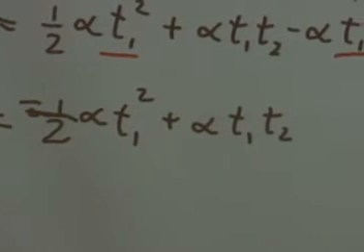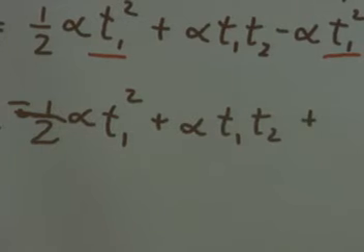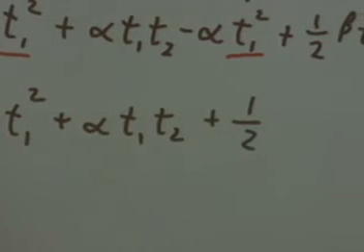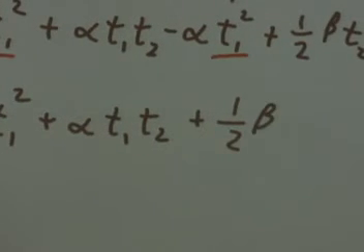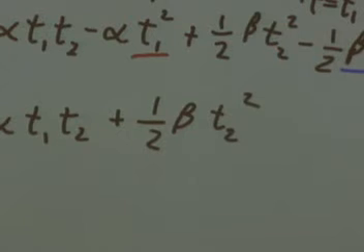We'll have the 1/2 beta t2 squared, and for this I want to take the preferred order.